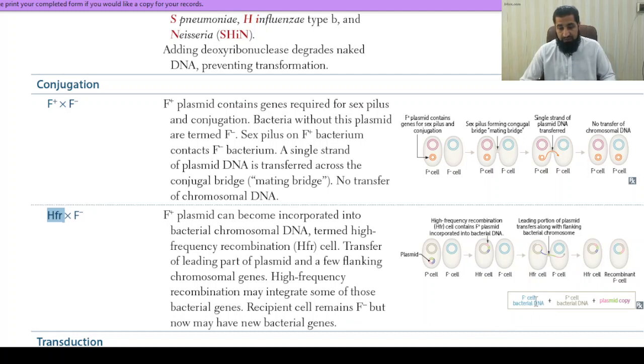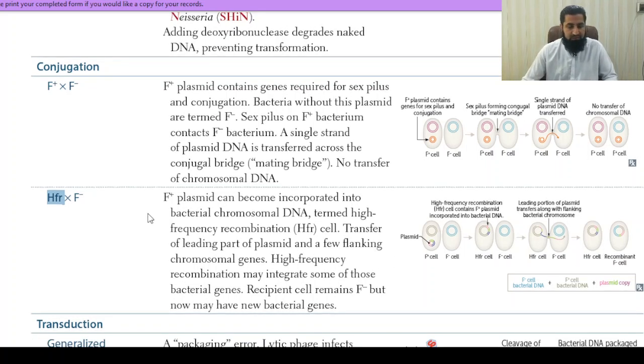So what has happened? The F negative cell now has its own bacterial DNA plus the F positive cell's bacterial DNA plus a plasmid copy. The F positive plasmid can become incorporated into bacterial chromosomal DNA, as I showed you in the high frequency recombination cell.